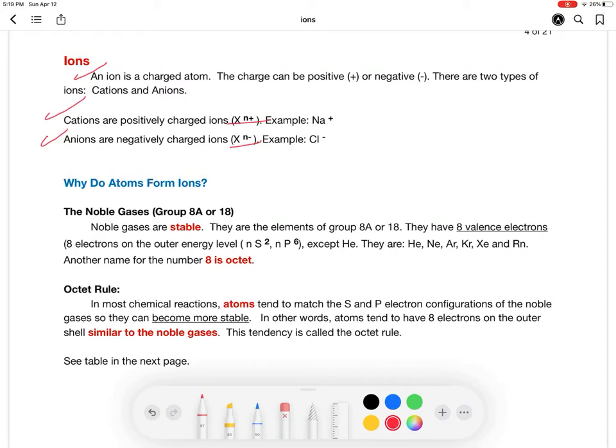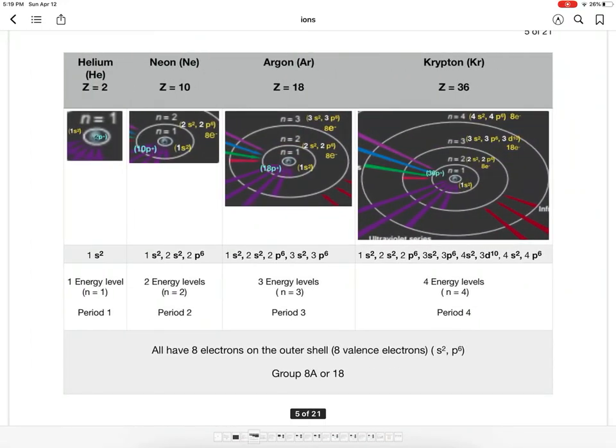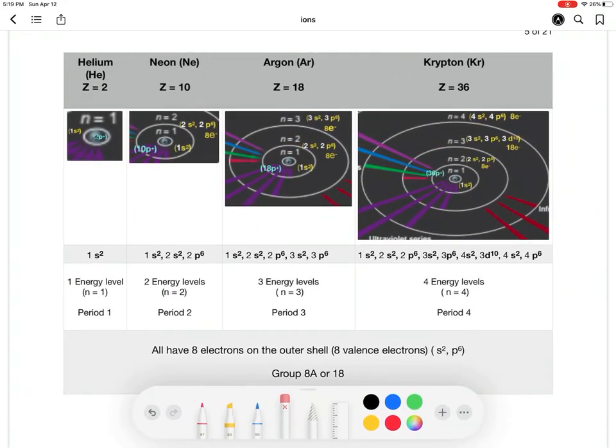So atoms lose or gain electrons to look like one of the noble gases, and the other name for 8 is octa. So that's why you call this also the octet rule: the tendency to have 8 electrons on the outer shell and be more stable.